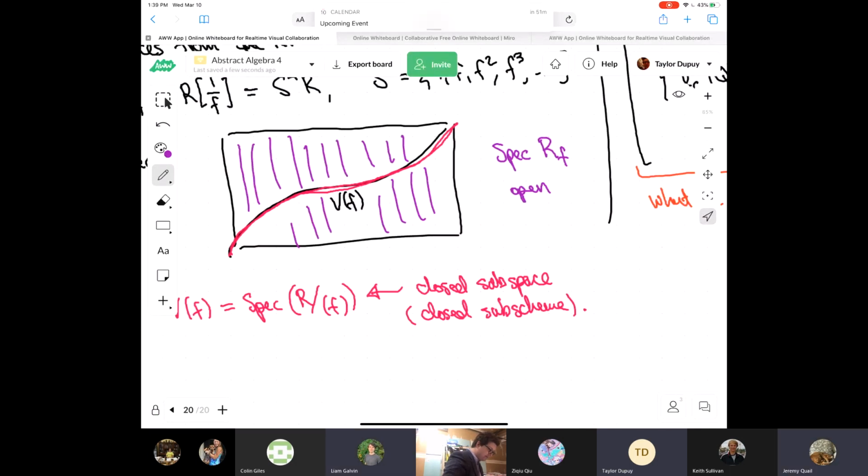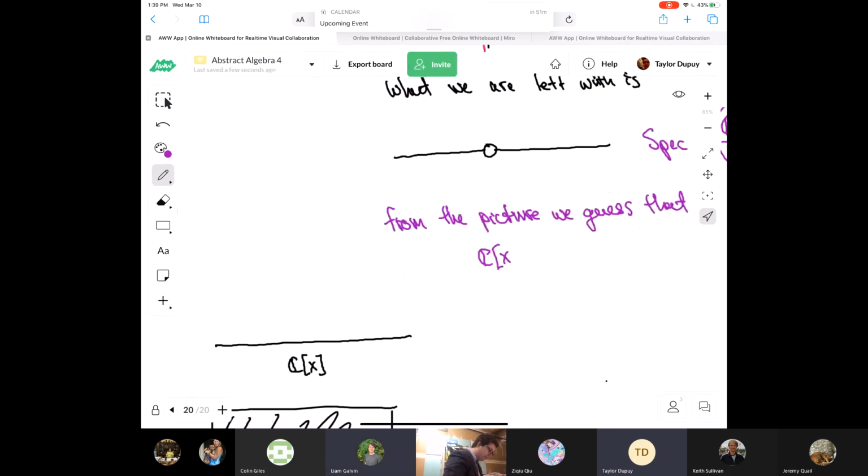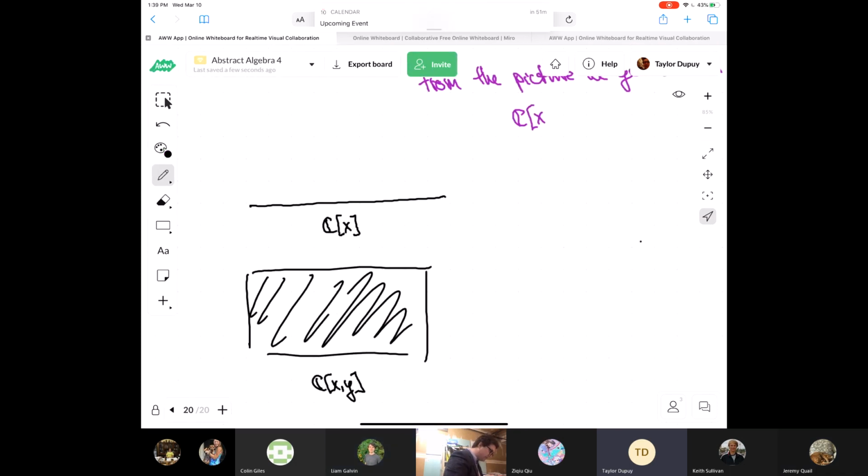The origin is (0,0), but in just the real line we only have one coordinate, so this is like the x-axis, and this here is the xy plane.